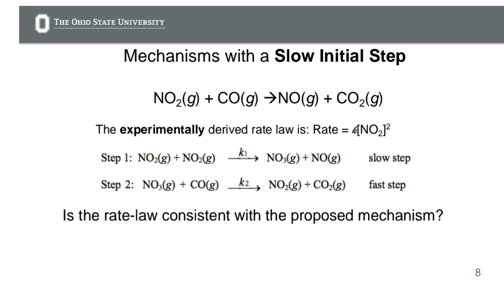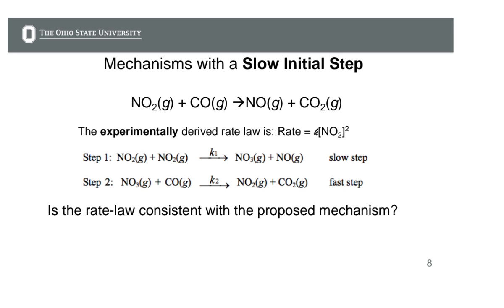For mechanisms with a slow initial step, we write the rate law based on that slow elementary reaction. So let me write this down. For mechanisms with the slow initial step, the rate law is predicted from the slow step.